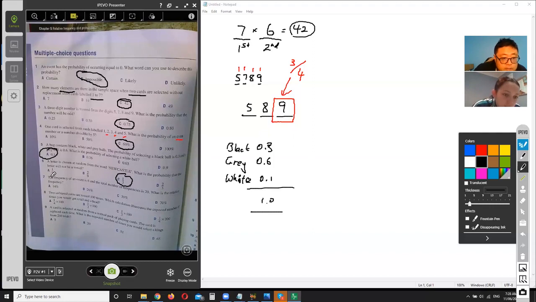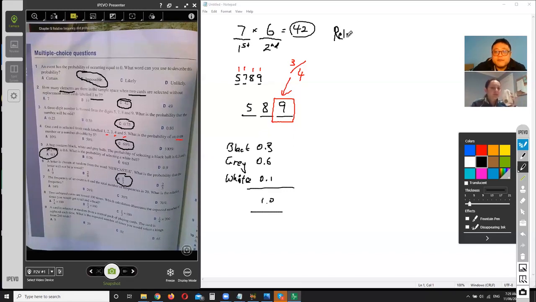This one is relative frequency. The frequency of an event is 6 and the total number of frequencies is 20. What is the relative frequency? Relative frequency is really easy.